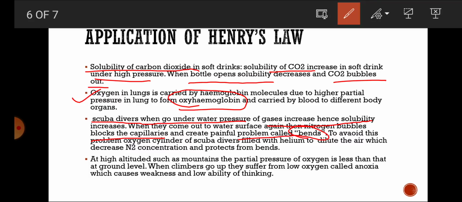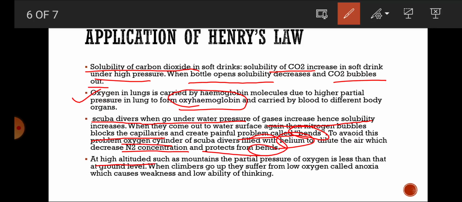To avoid this problem, oxygen gas cylinders are filled with helium. Helium decreases the concentration of nitrogen. Helium is a non-interacting gas, so it is filled in the oxygen cylinder so that the N2 nitrogen gas concentration decreases, protecting the scuba divers from the bends.